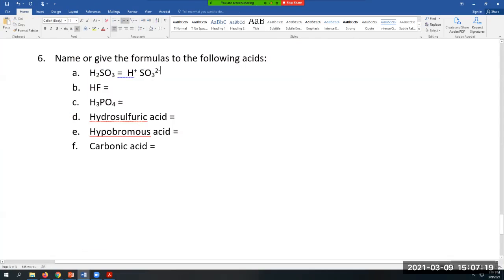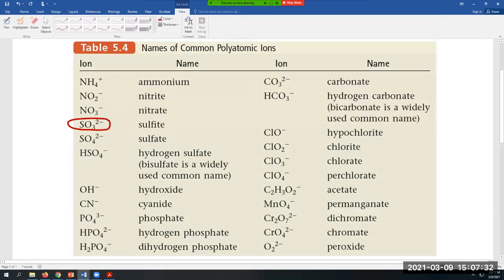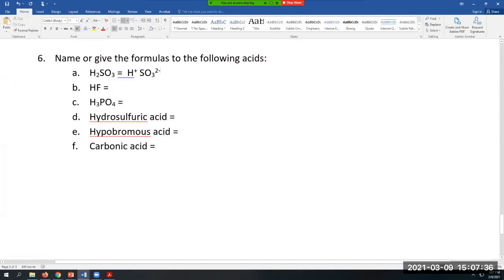The way we name an oxyacid, and it's an oxyacid because we have a polyatomic ion with hydrogen, is you take the name of the sulfite here. Remember how it's named sulfite, so it has the ending -ite. Let me write that it's sulfite.